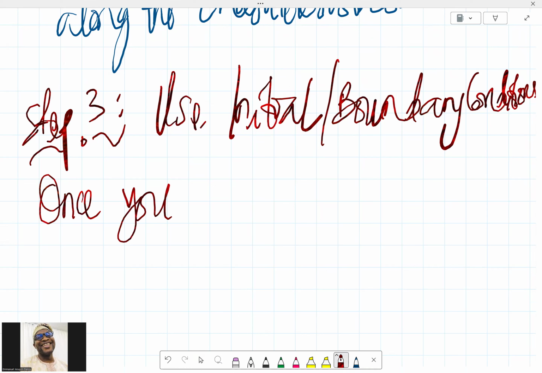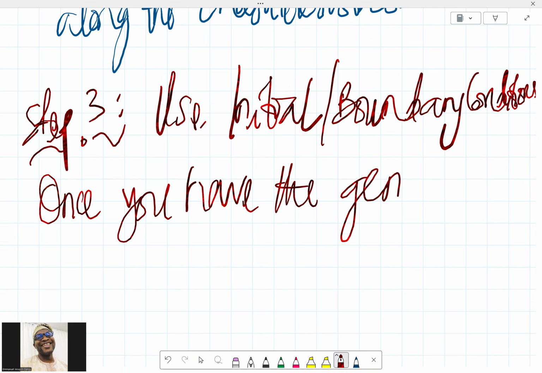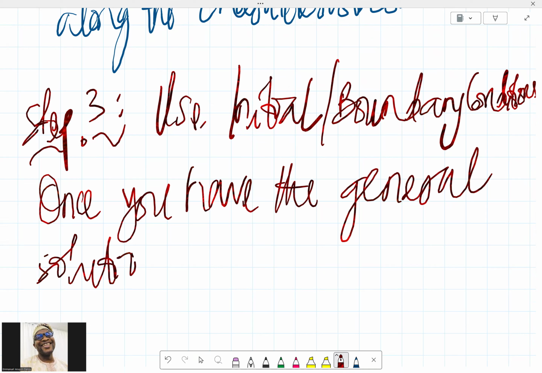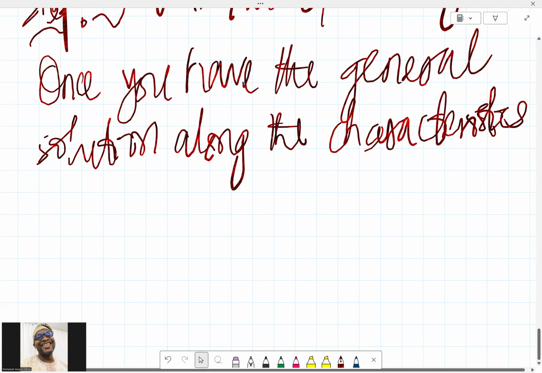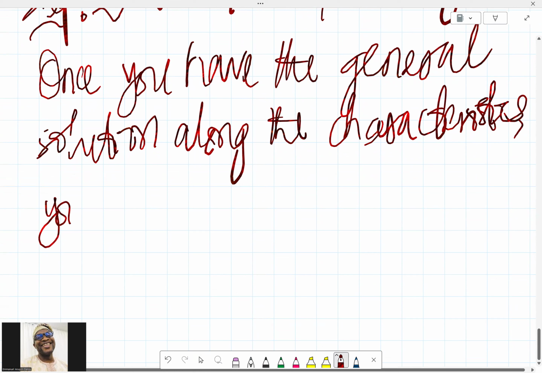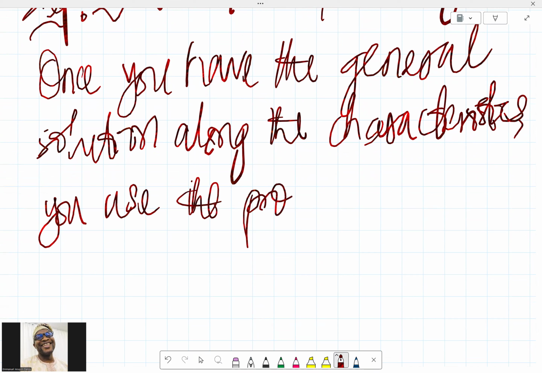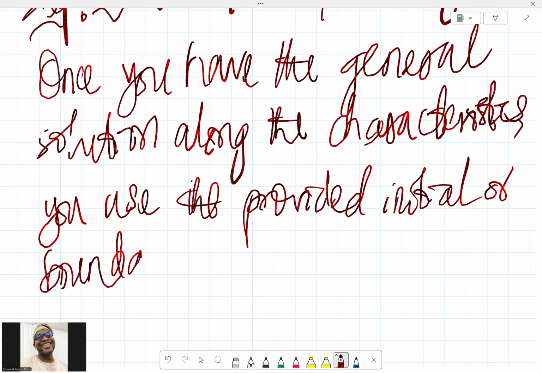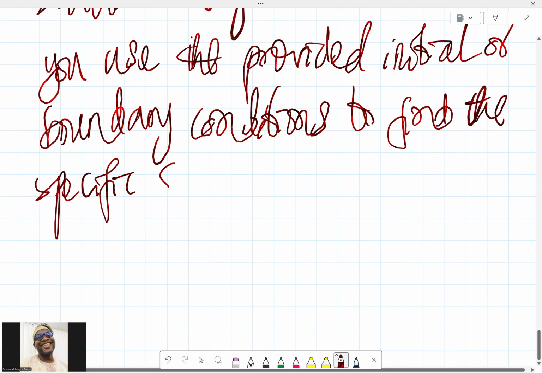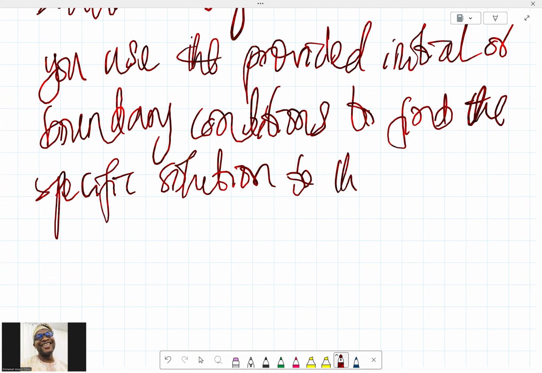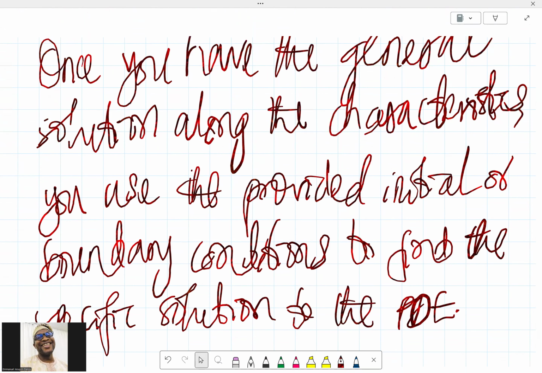So once you have the general solution along the characteristics, you use the provided initial or boundary conditions to find the specific solution to the PDE. Okay, so that's how that goes.